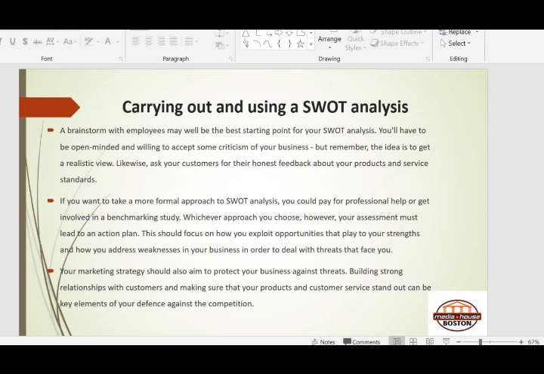SWOT analysis, we had to apply it in, I think, one of the projects, project management.